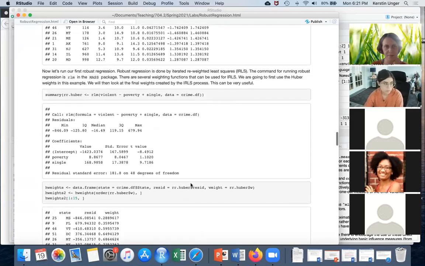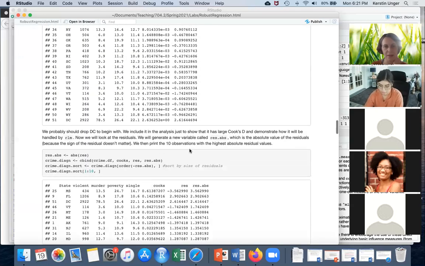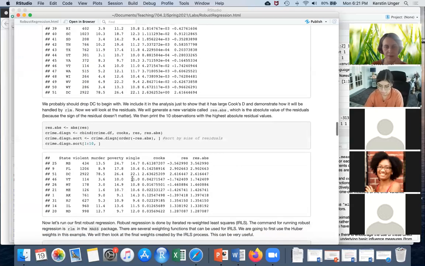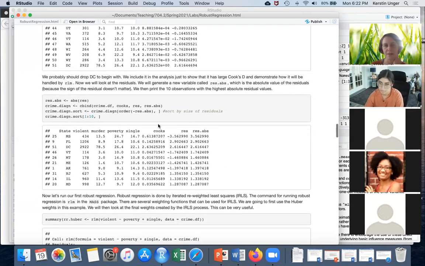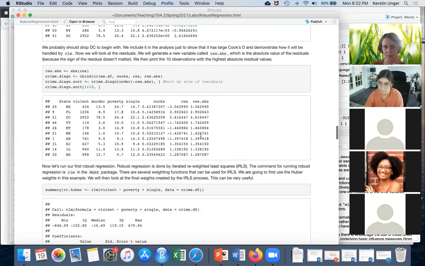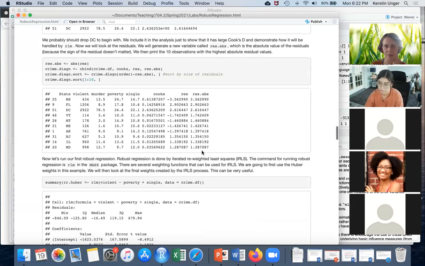If you want to know which cases have the largest absolute residuals, we see that is Missouri, Florida, DC, which is still in the data set, Vermont, Montana, Maine, etc. These are the cases that have the largest residuals based on the ordinary least squares regression.